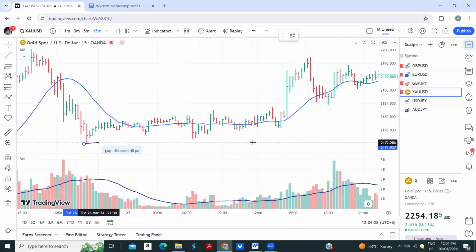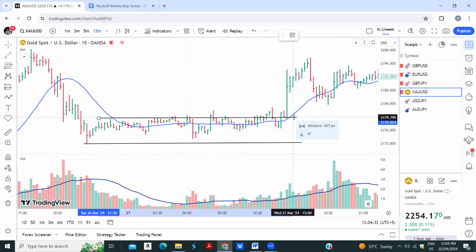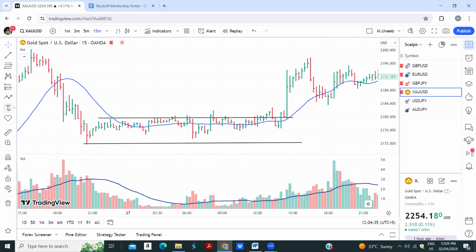This is accumulation. Here the price is moving in a range. The supply is equivalent to demand, and the smart money is quietly accumulating the shares.